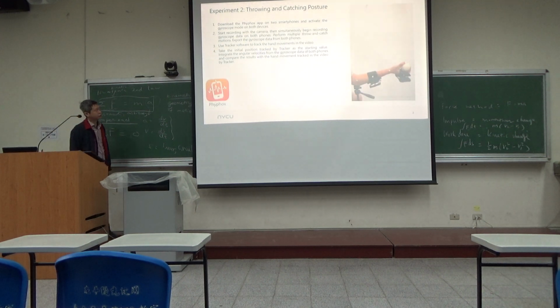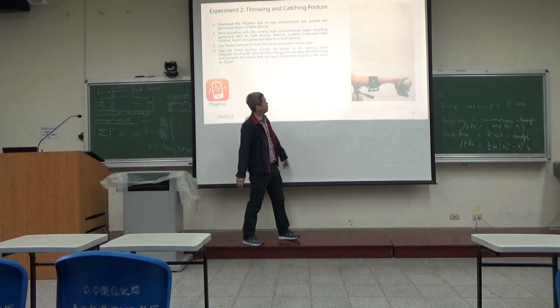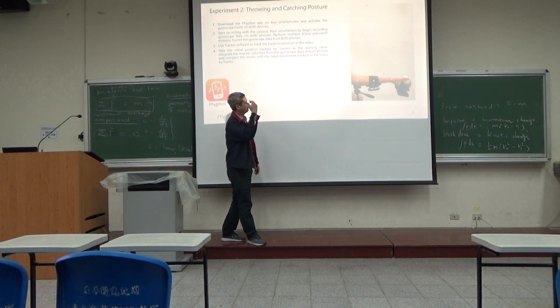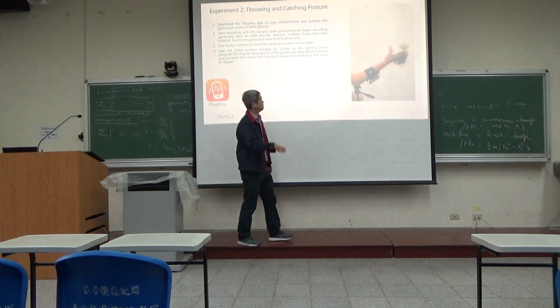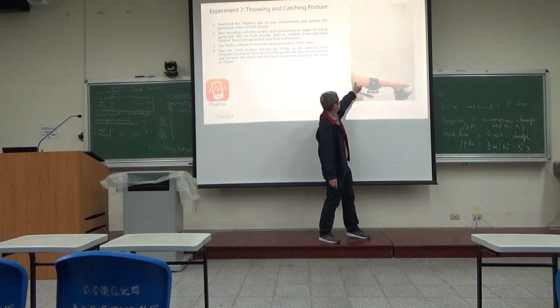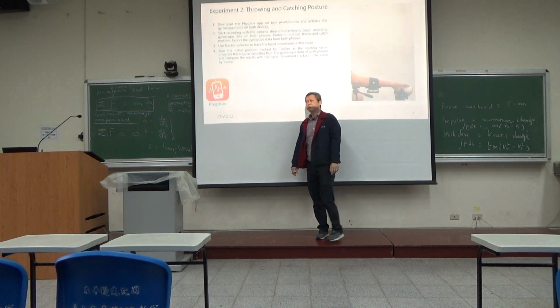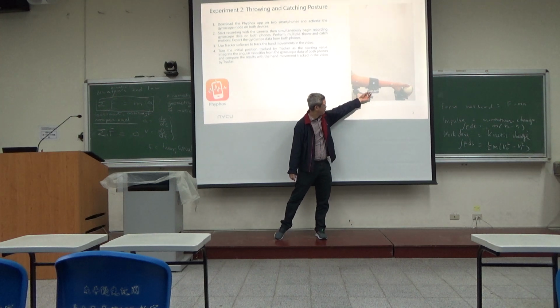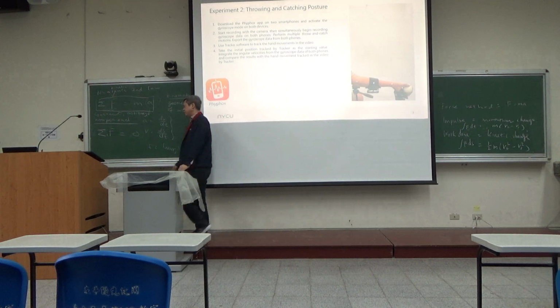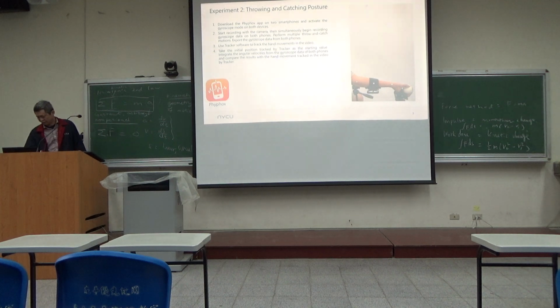Also, you can do this kind of test: how much the forearm swings in ball tossing. You can use the video to track the forearm motions. At the same time, you can see that this student also wears a smartphone on the forearm.